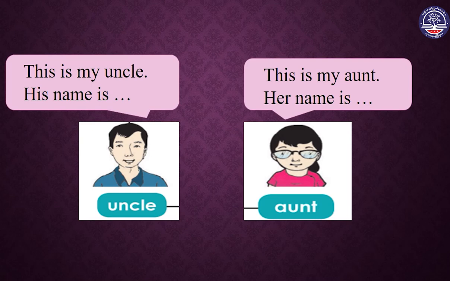How do you introduce your aunt? Well done everybody. Have you got it right? When we want to introduce, we have to say this is, and his name or her name is. Have you got it right? Well done.